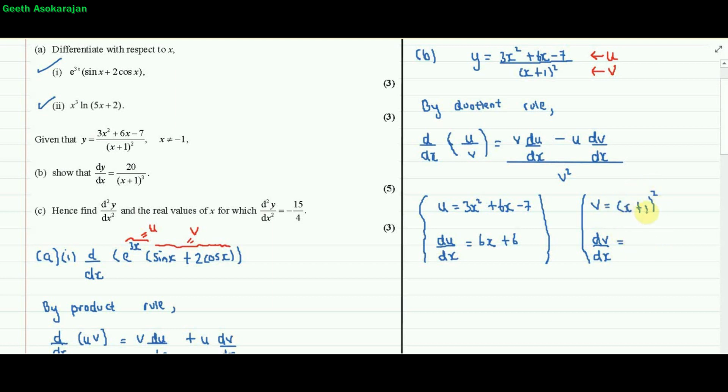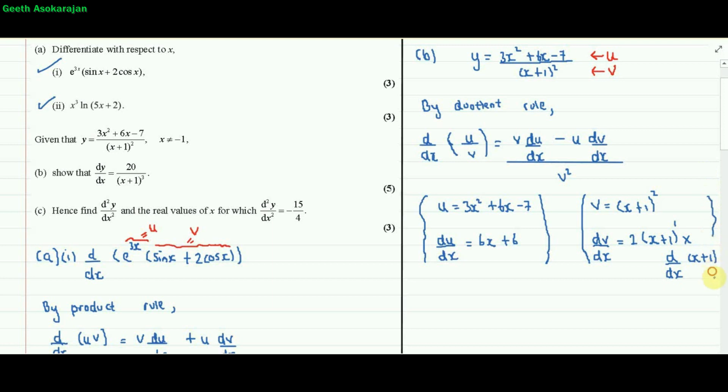Here's how the chain rule is applied. In this case, we're going to multiply by the power, so 2 into x plus 1, and subtract 1 from the power. 2 minus 1 is 1, and we multiply by the derivative of x plus 1.